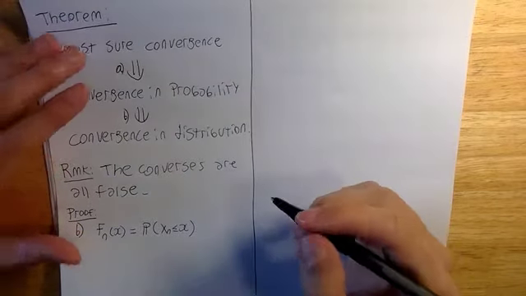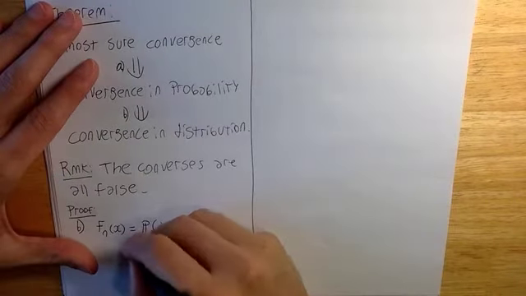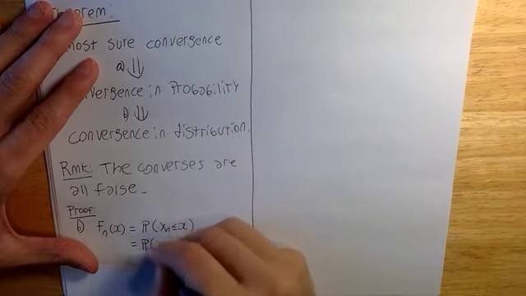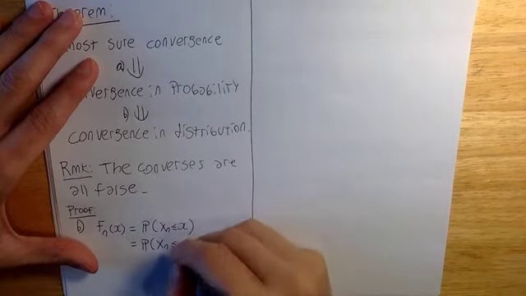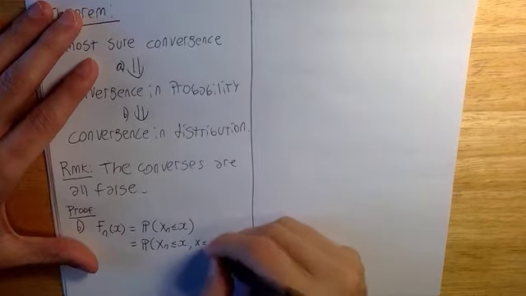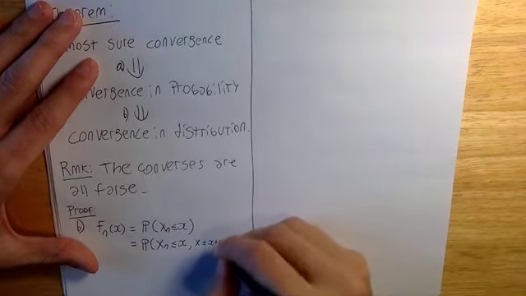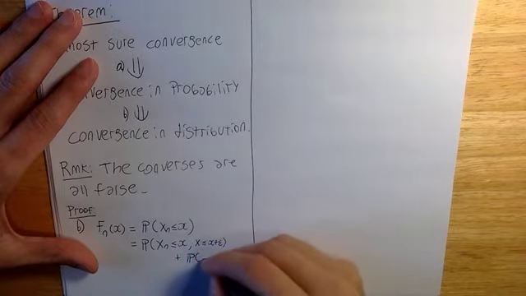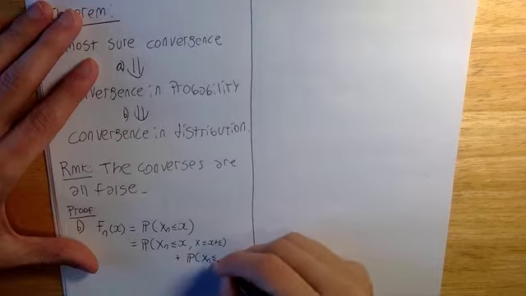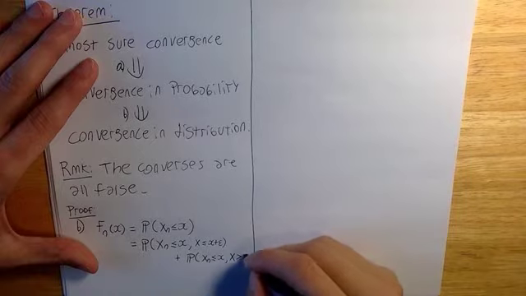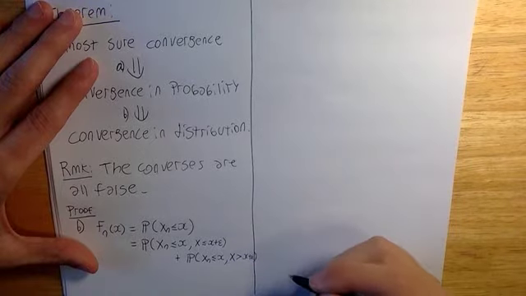By the law of total probability, we can decompose this as the probability that Xn is less or equal than x intersection X is less or equal than x plus epsilon, plus the probability that Xn is less or equal than x and capital X is bigger than x plus epsilon.